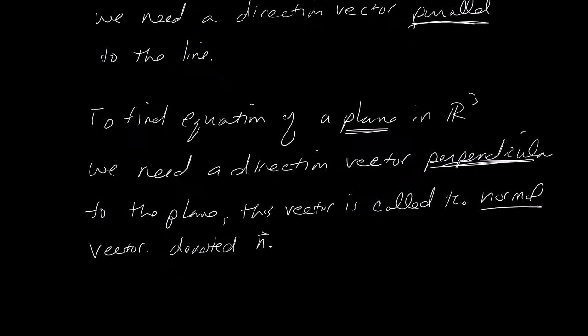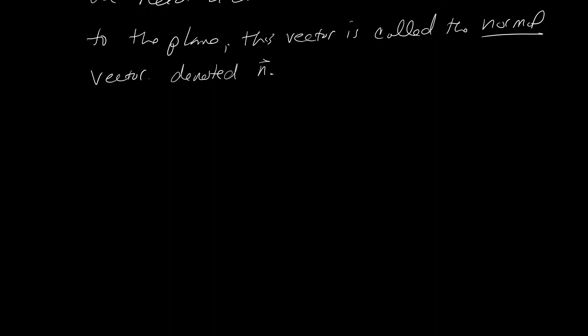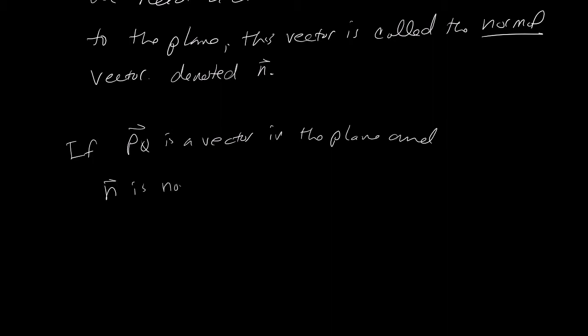So suppose I have a vector PQ in the plane, and n is normal to the plane, then n dotted with PQ is going to give us 0. They're perpendicular to one another, so their dot product is equal to 0.